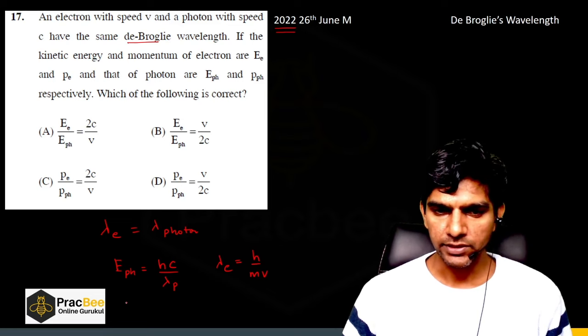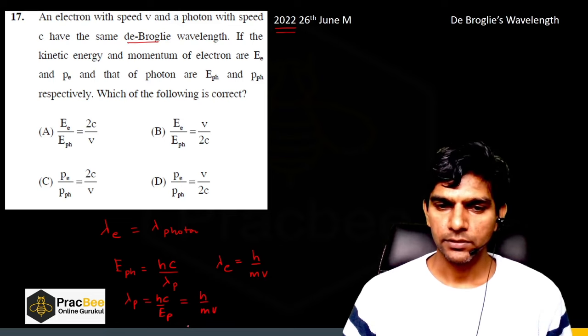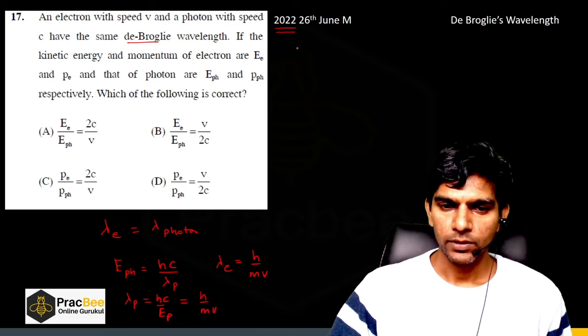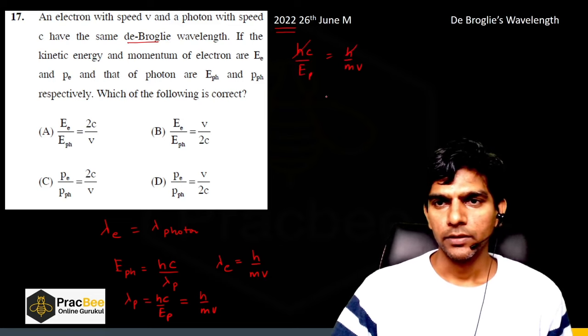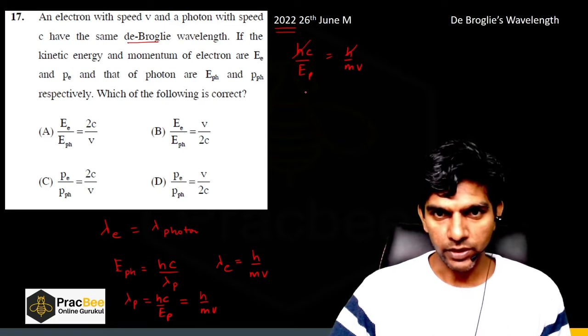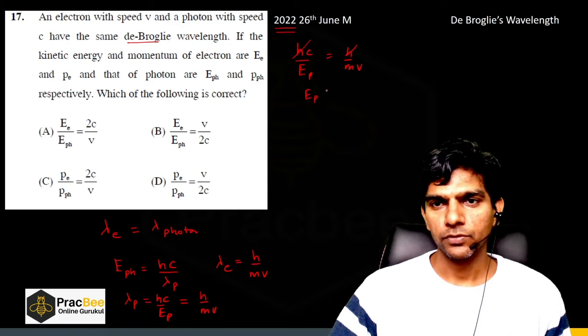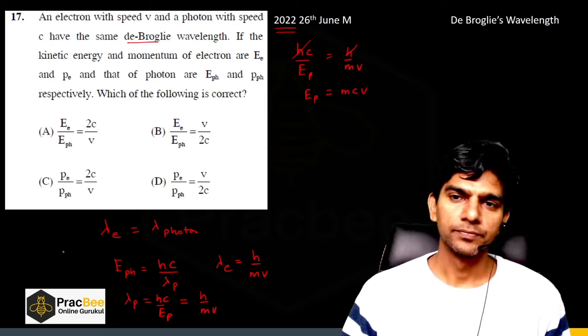And the lambdas are same, so we can say hc by E_p is the same as h by mv. Now from this, hc by E_p is equal to h by mv, so h will get eliminated. So we have a relation: energy of photon will be equal to mcv.